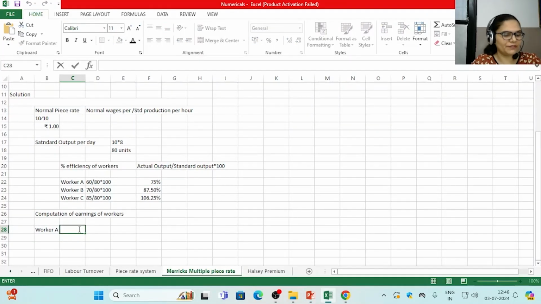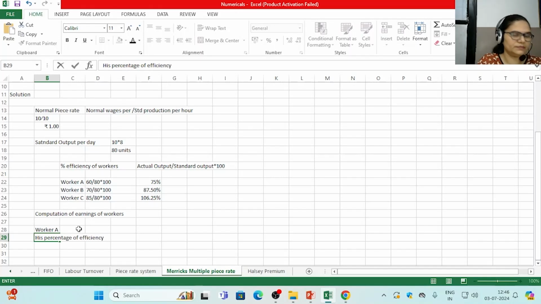So worker A's percentage of efficiency is below 83% of standard, so he will be paid at the normal piece rate.